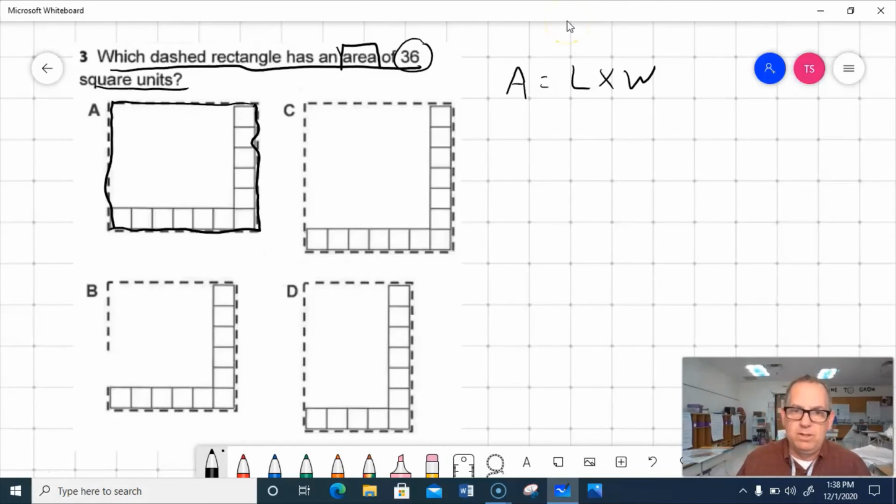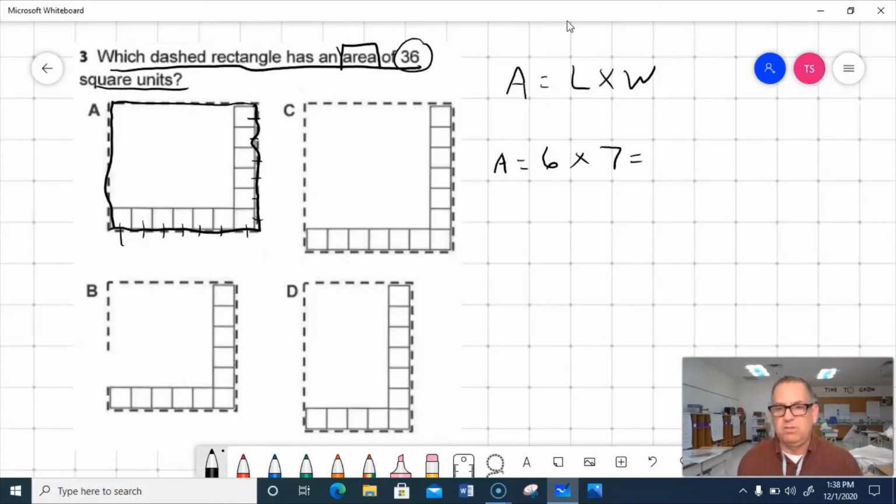So what is the length and width of rectangle A? Yes, it looks like the length is 1, 2, 3, 4, 5, 6. So that's 6 by 1, 2, 3, 4, 5, 6, 7, by 7.